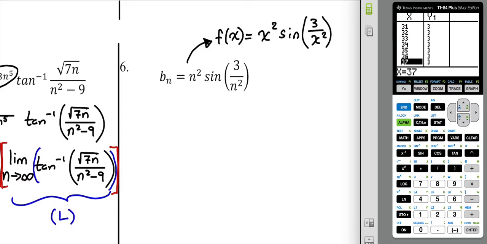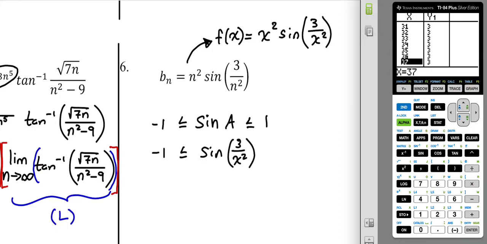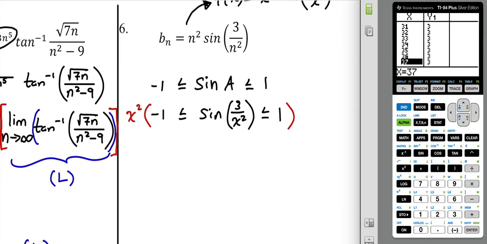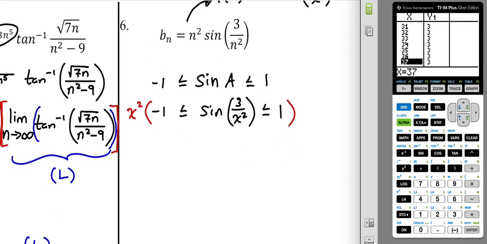So we know that sine of a exists between -1 and 1. So it follows that the sine of 3 over x squared would exist between -1 and 1. If I multiply through with an x squared, that middle expression becomes the x squared sine of 3 over x squared.